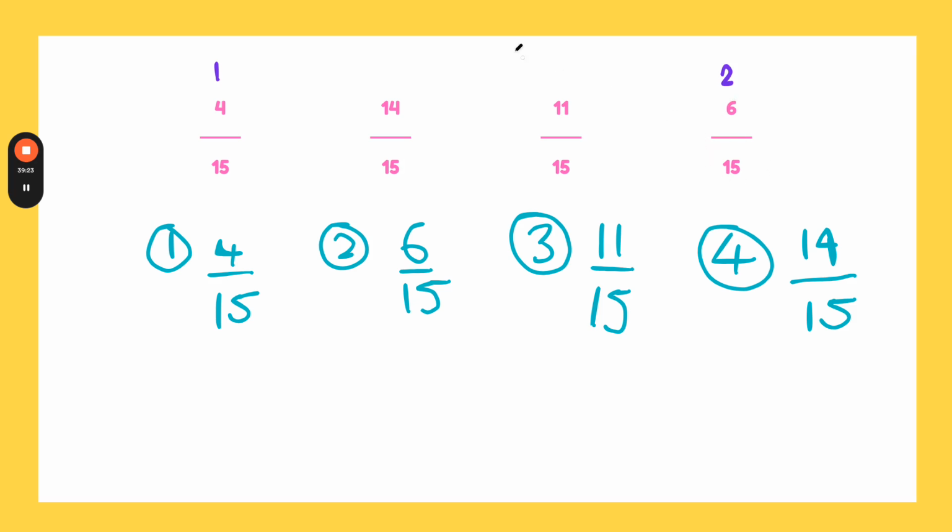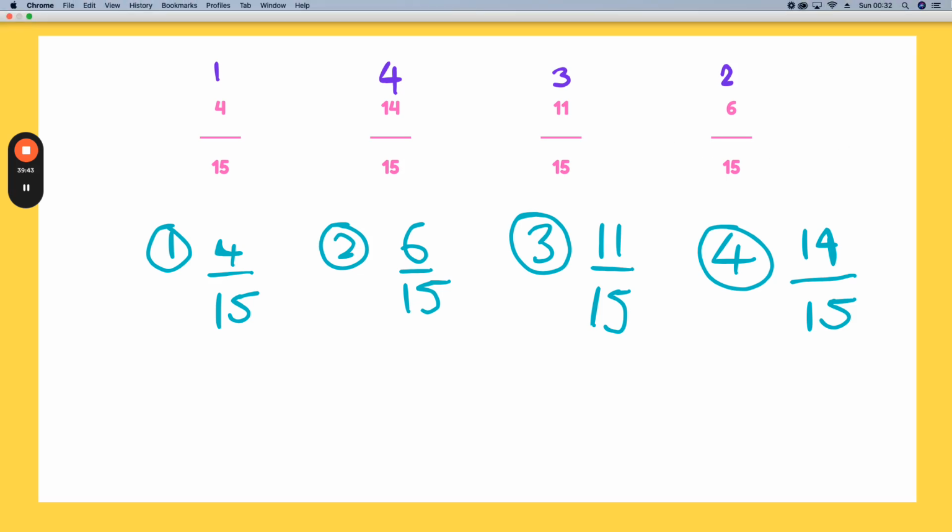Then we have 11, our third smallest, 11 over 15, and our largest is 14, so 14 over 15 is our largest fraction. And that is how you would answer that question or solve that problem.